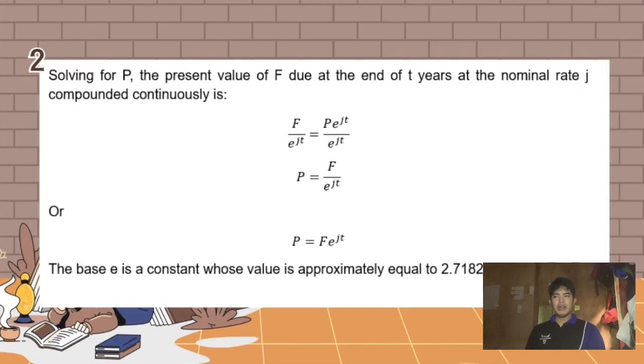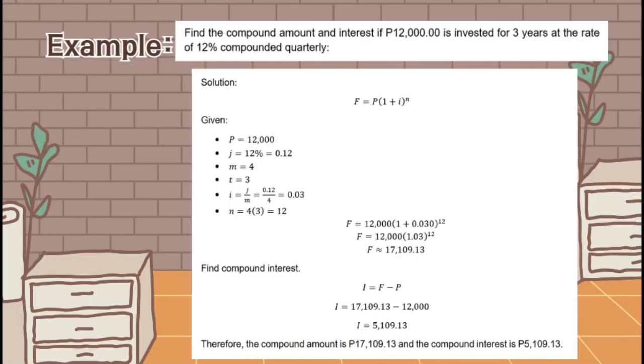Solving for P, the present value of F due at the end of T years at the nominal rate J compounded continuously is P equals F over e to the power of JT, or P equals F e raised to negative JT. The base e is a constant whose value is approximately equal to 2.71828.